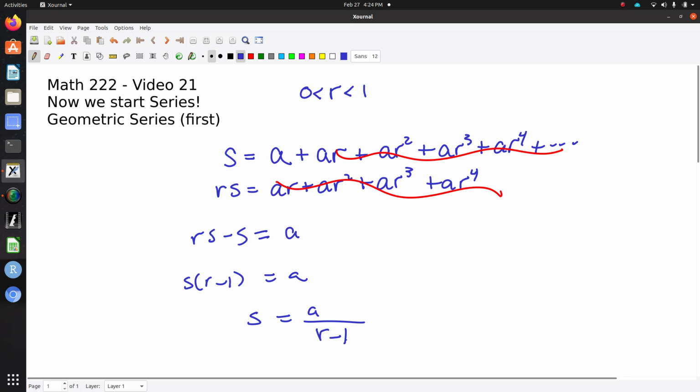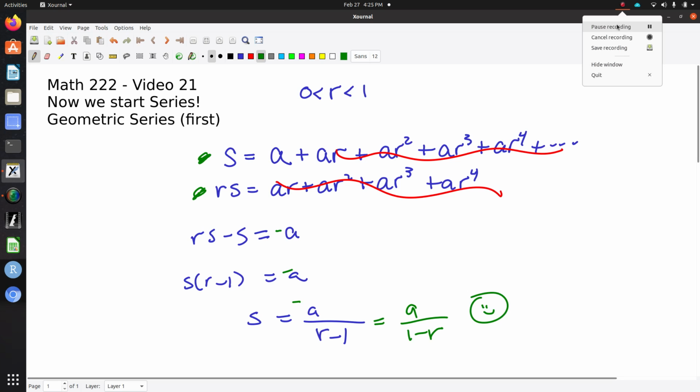Well, r is going to be between 0 and 1, so this is a bit of a problem, right? Except I made a clerical mistake, so hopefully you caught it. This should have been minus a because I said this guy minus this guy, right? So I did it in a funny way. So actually it's just a over 1 minus r, and so sorry about that typo, or that algebra mistake, I guess.